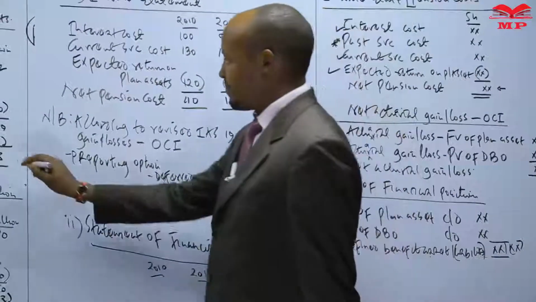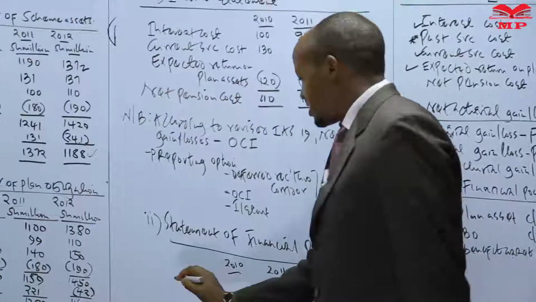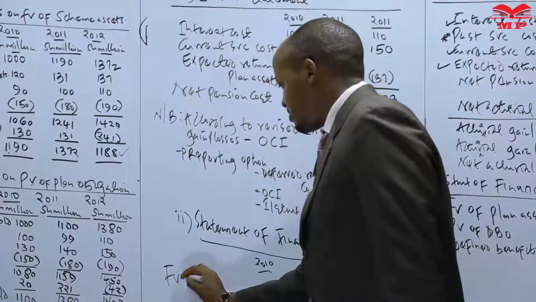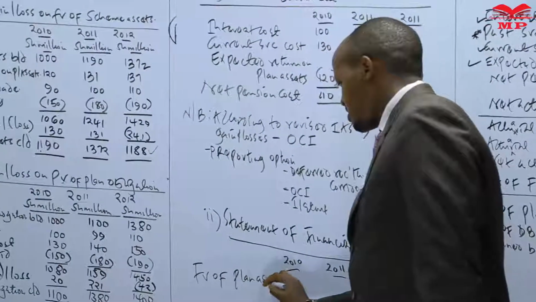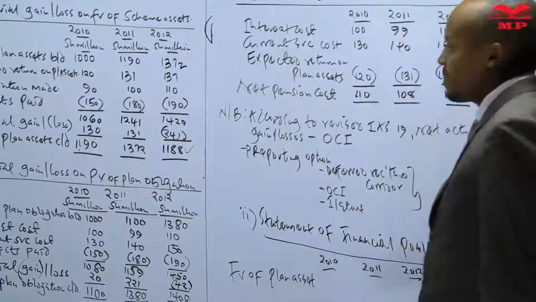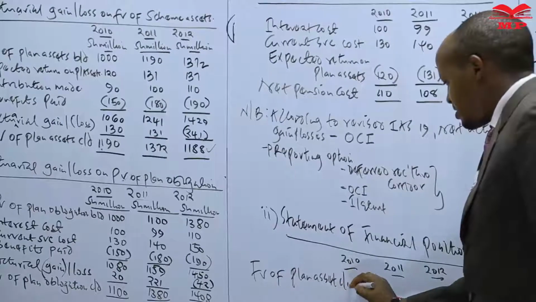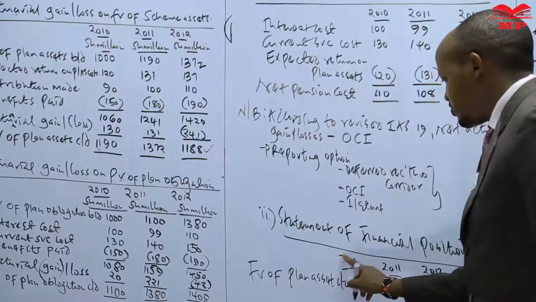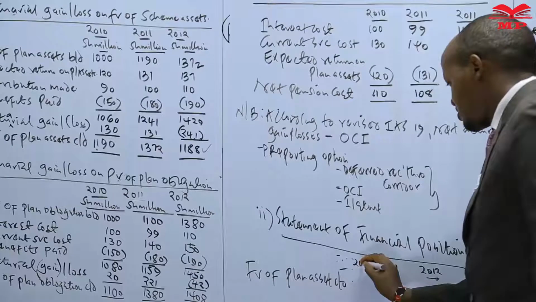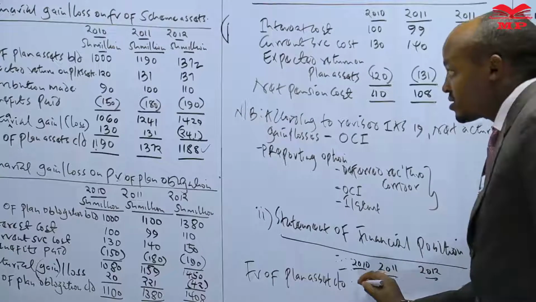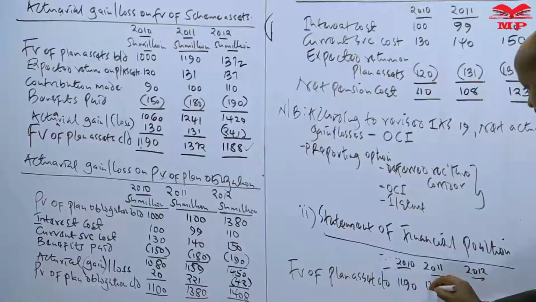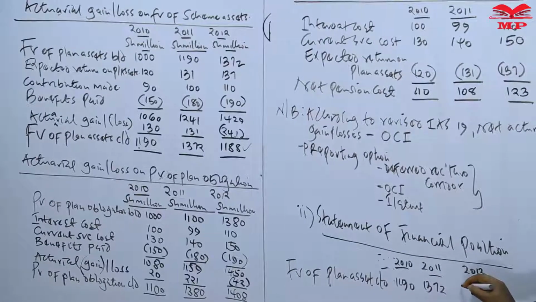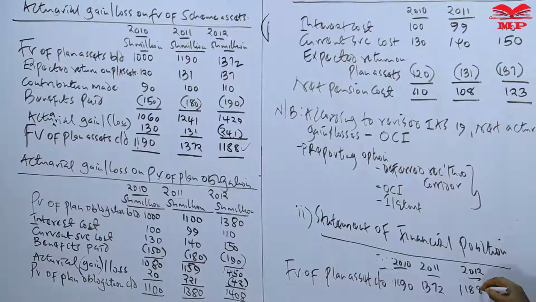Now here, first of all, let's take the fair value of the scheme or the plan asset at the end of the year. So at the end of the year 2010, we have that as 1190. The other year it is 1372. The other year it is 1188.